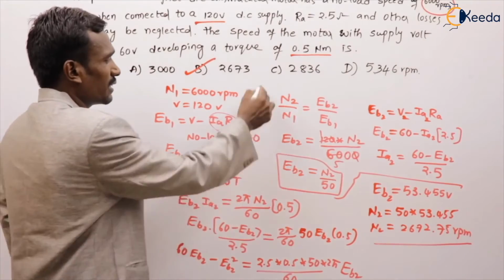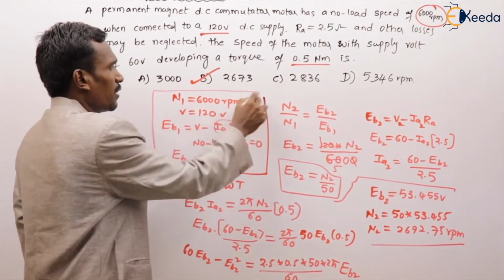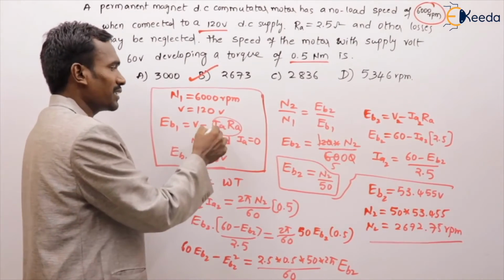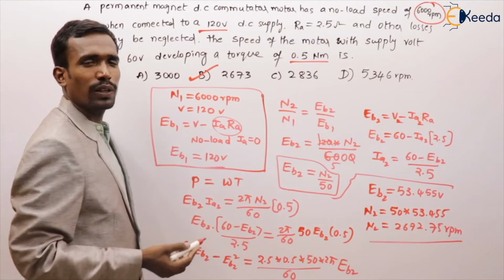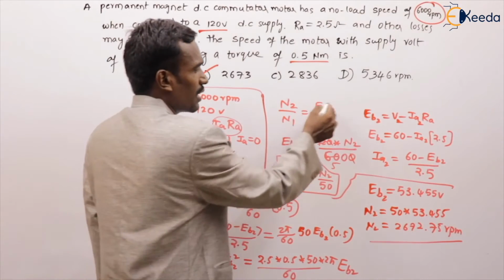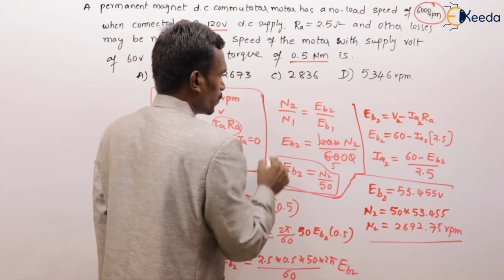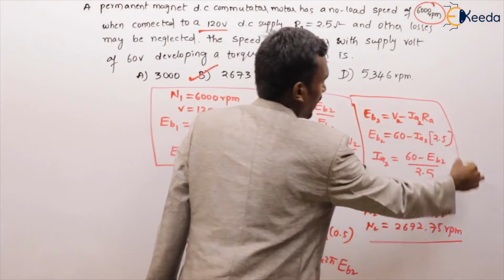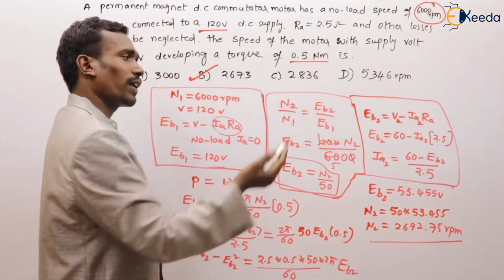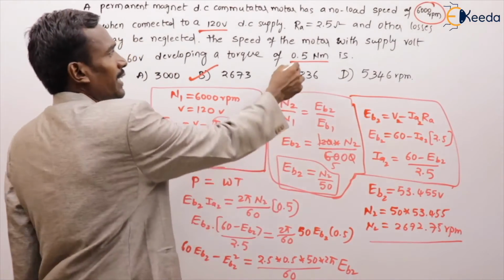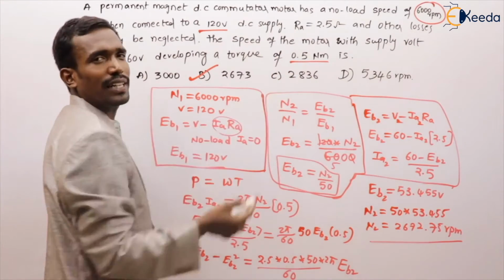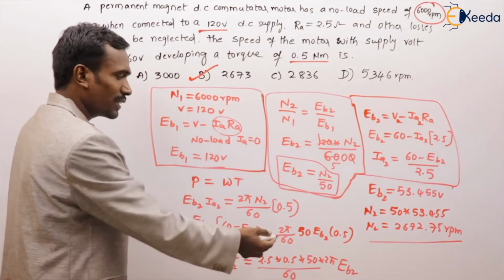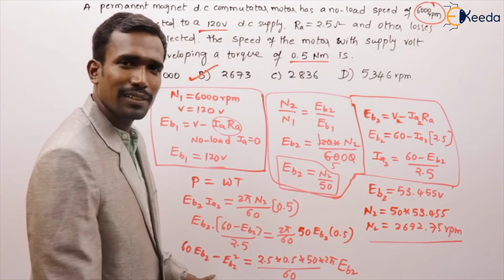So what we have done here, let's see once. First they gave N1 and the supply voltage, and said no load, that's why IA is 0. If IA is 0, EB1 is equal to 120 volts. Thereafter I found EB2 from this equation, from IA2, and they gave the torque equation, torque 0.5. That's why P is equal to omega into T. From that, I built a quadratic equation in terms of EB.